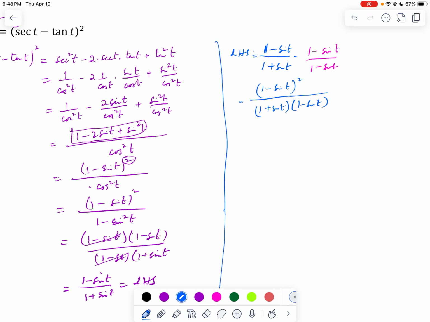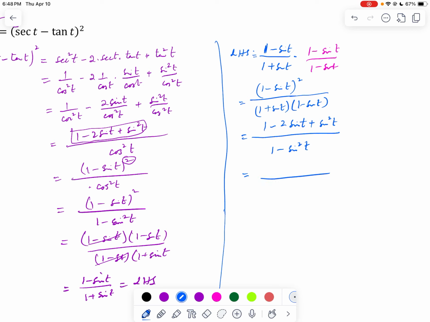So the top will become 1 minus 2 sine t plus sine square t, whereas the bottom will become 1 minus sine square t. But what is 1 minus sine square t?